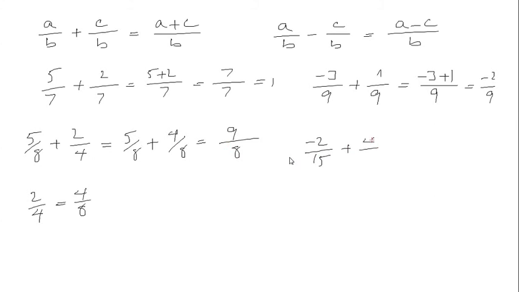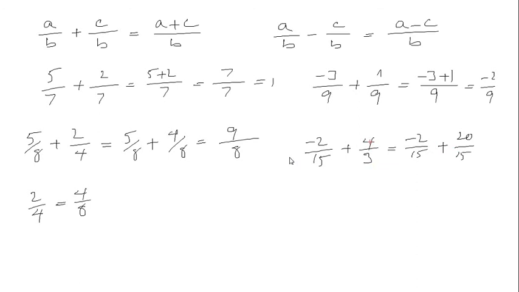So another example, negative 2 over 15 plus 4 over 3. Here, the common denominator between 15 and 3 is 15, because 15 is also a multiple of 3. You know, 5 times 3 is 15. So again, negative 2 over 15, no change, plus, instead of 3, you're going to multiply 3 by 5, which gives you 15. And you also multiply 4 by 5, which gives you 20.